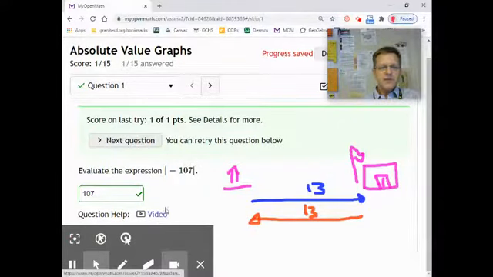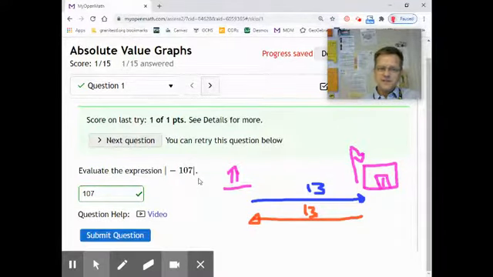And what absolute value is asking you is the distance. So the distance is going to be positive. Now, you can also think of these bars as make it positive, right? If you want to think of them that way, that's fine. The little bars mean everything inside is positive. I need some of those bars around me because I try to be positive. Sometimes I'm negative, but I try to be positive.